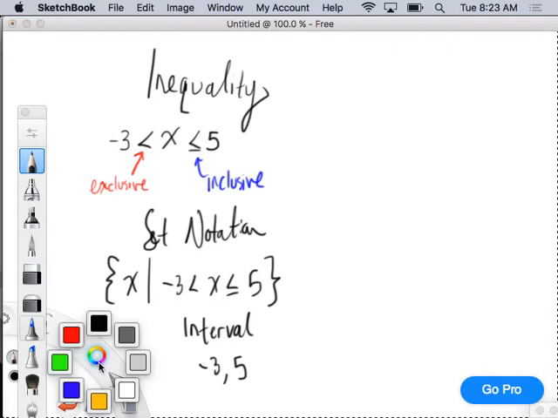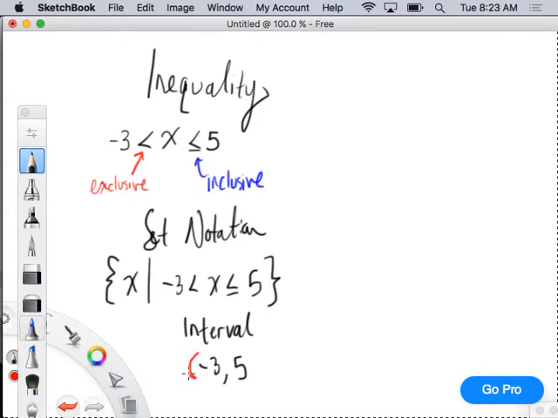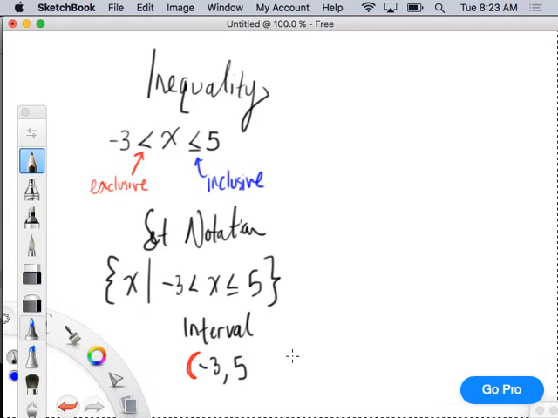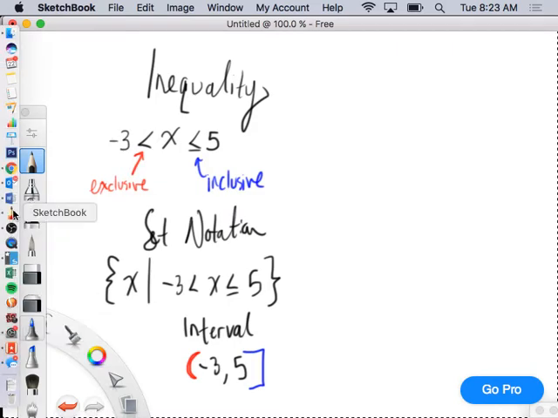Parentheses, that's right. A parenthesis means I'm excluding -3 from the interval. And 5 needs to be included. So what do I use? A square bracket, right. So exclusive is parentheses, inclusive is the square bracket. Is that clear to everybody? So we have inequality, set notation, and interval notation. Any questions on that? No? Okay.